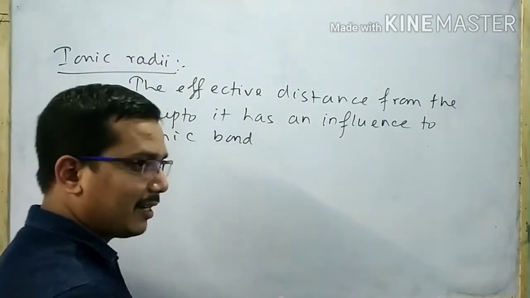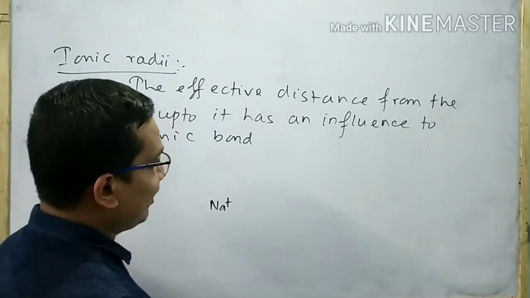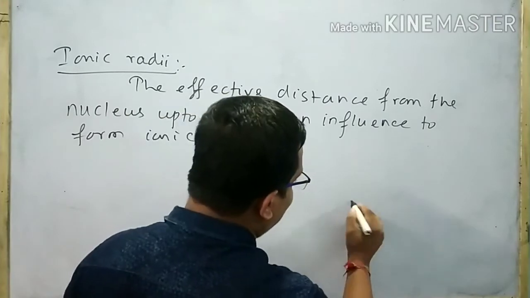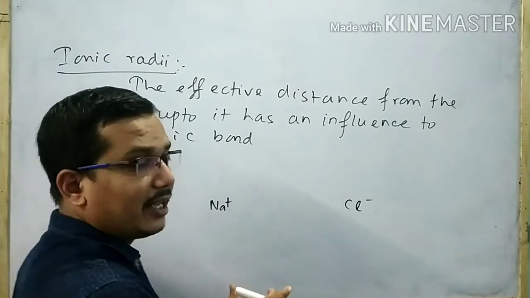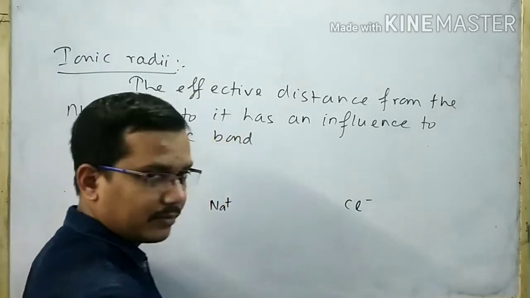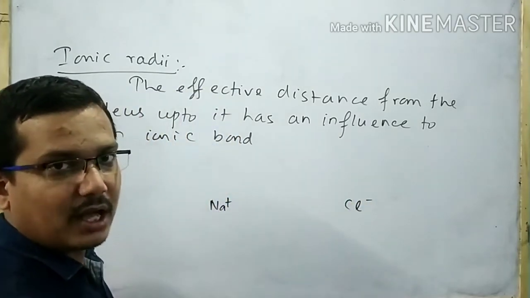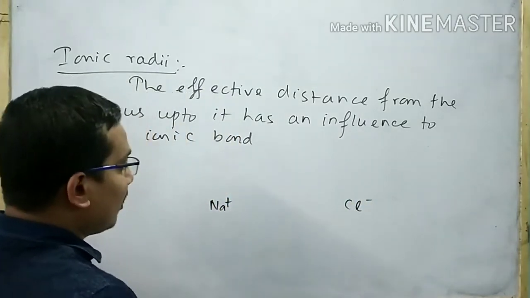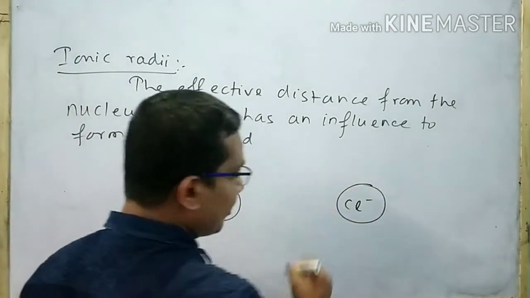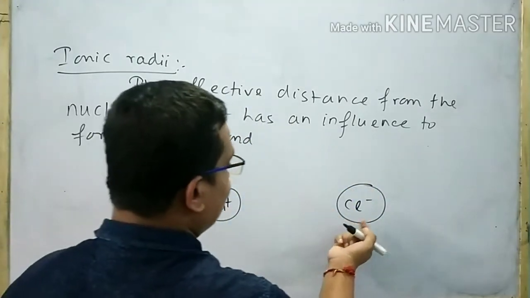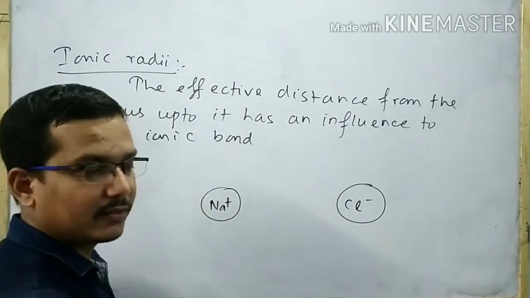Suppose we take an ion, that is Na plus. When it comes in contact with the Cl minus ion, then an ionic bond is formed between the Na plus ion and the Cl minus ion. The Na plus ion attracts the Cl minus ion, and at the same time the Cl minus ion also attracts the Na plus ion.